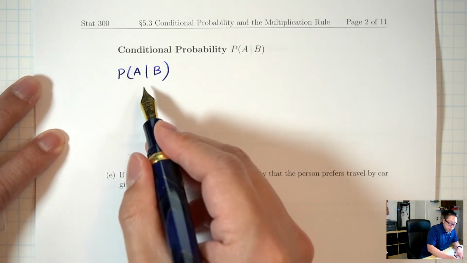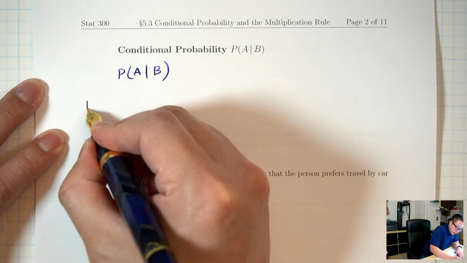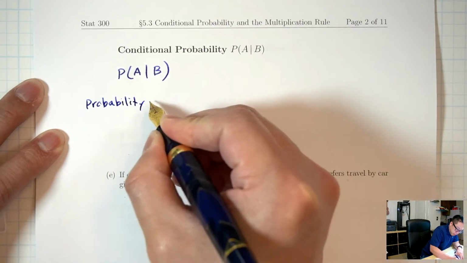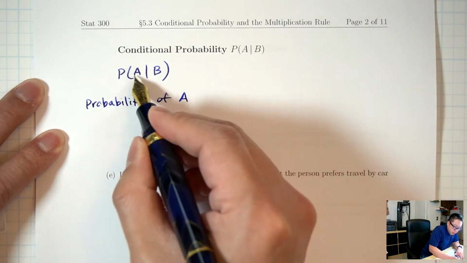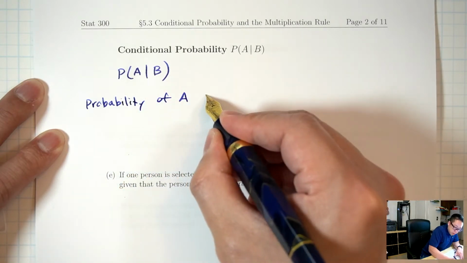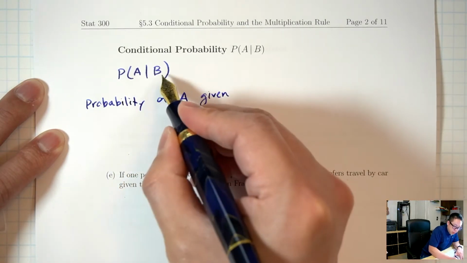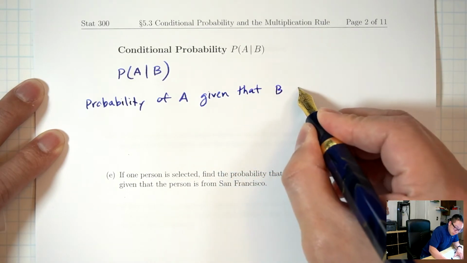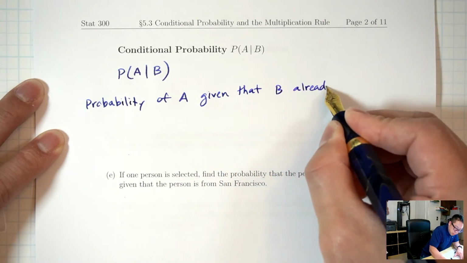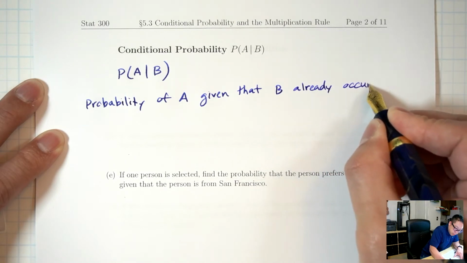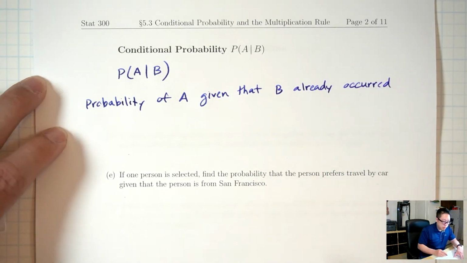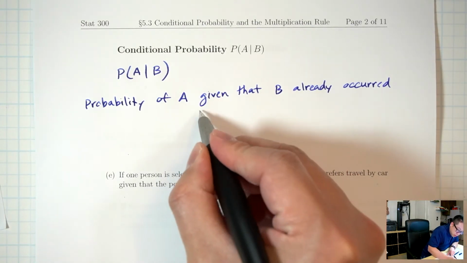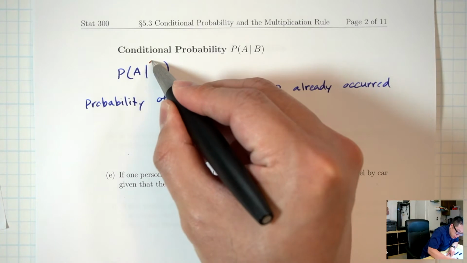The way you read the symbol is probability of A, the line stands for the word given, that B already occurred. Okay, so the word given, it's kind of the key word here, and that's represented by this line.